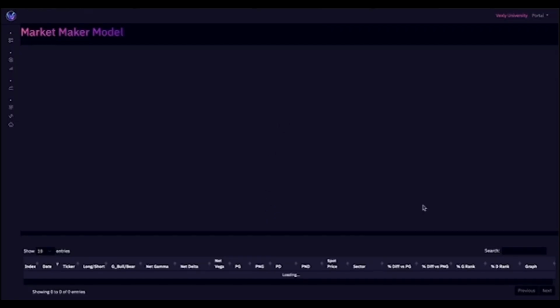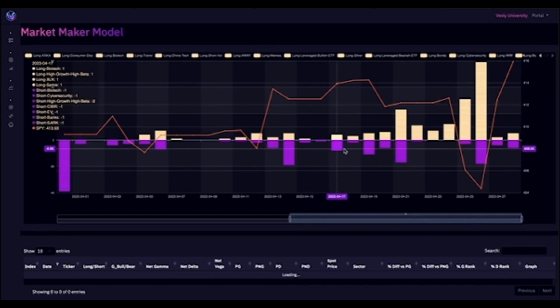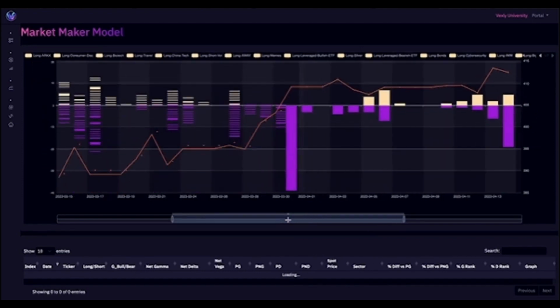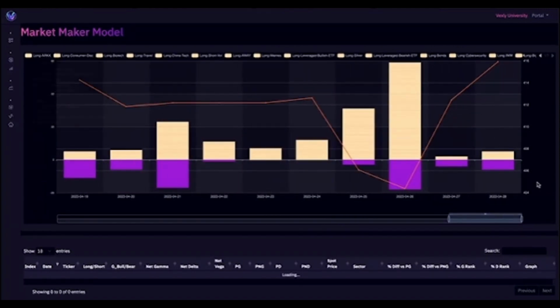I will pretty much just filter for long squeeze, short bearish, and see if anything hits. Now, if it doesn't hit, fine. I'll go and look for longs and shorts separately, and then I'll also look for just squeeze and bearish.